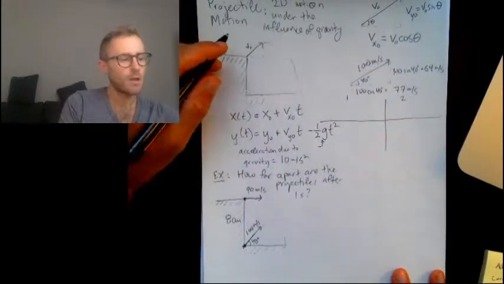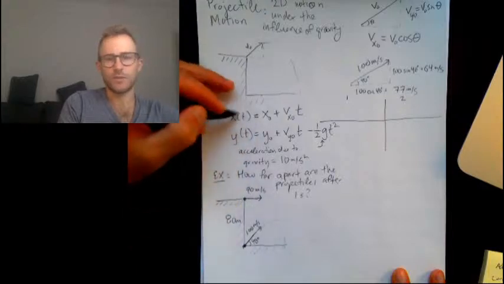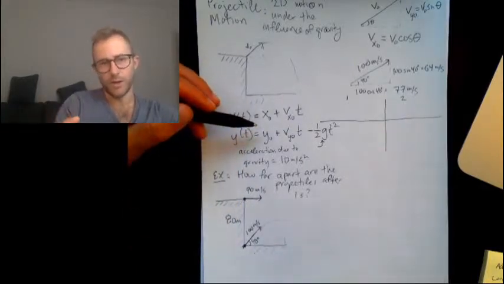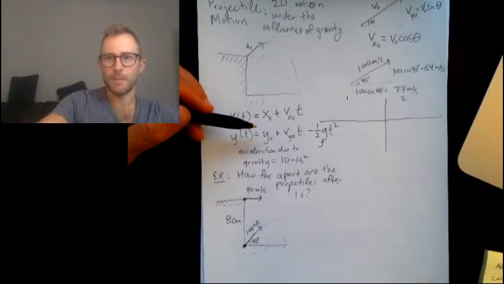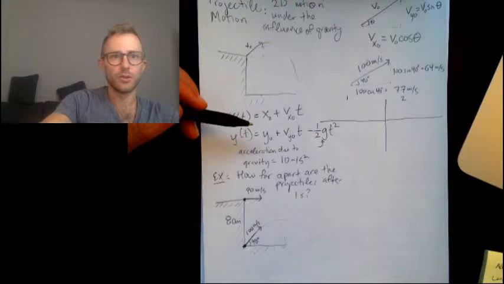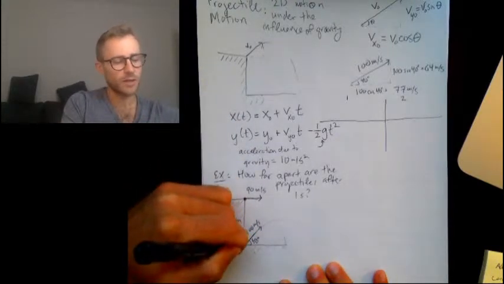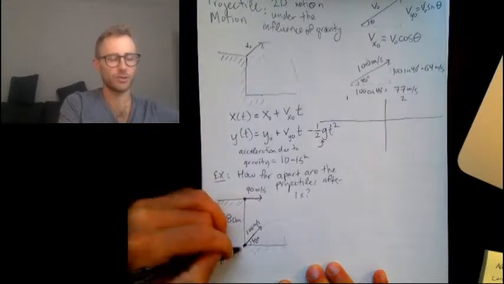Okay. And notice how our x of t and our y of t have to do with initial positions. So when we're defining an initial position, we have to say where the origin is. So the origin, I'm going to say, is right here at the base of the cliff. That's where 0, 0 is.